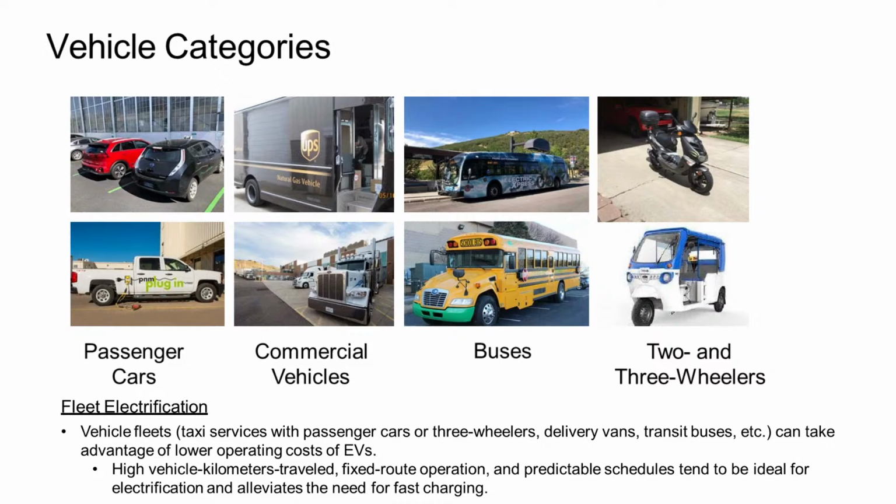So these categories represent the diverse range of electric vehicles that are available in the market. Each category has its unique advantages and applications, contributing to the growth of sustainable and clean transportation options.